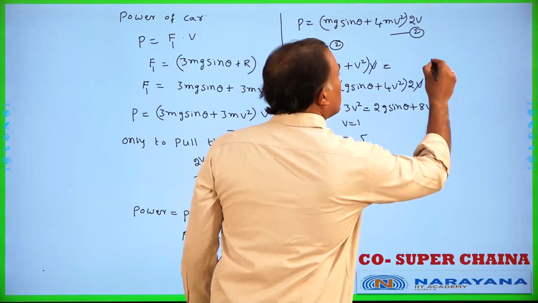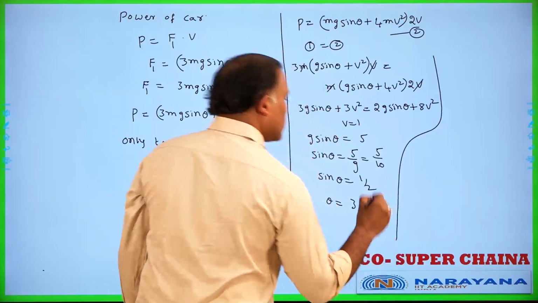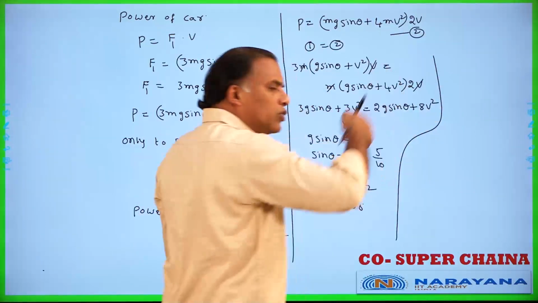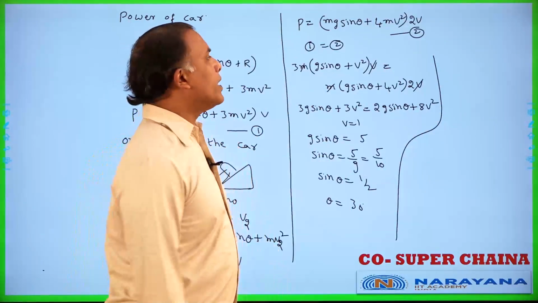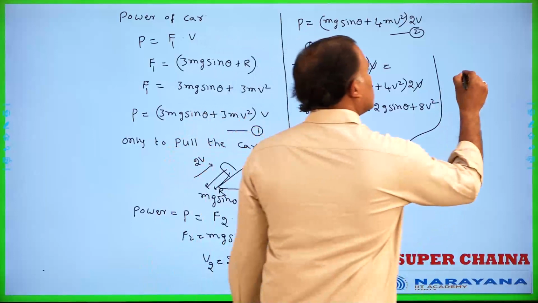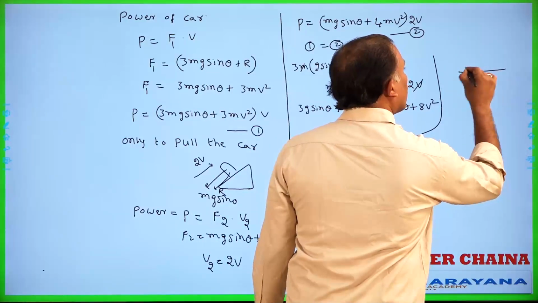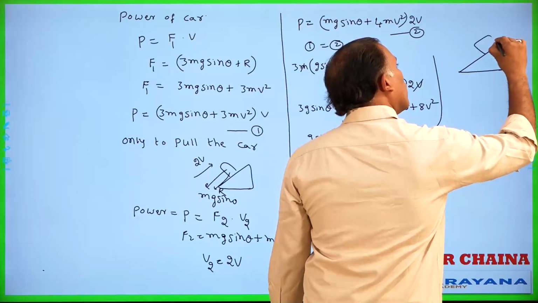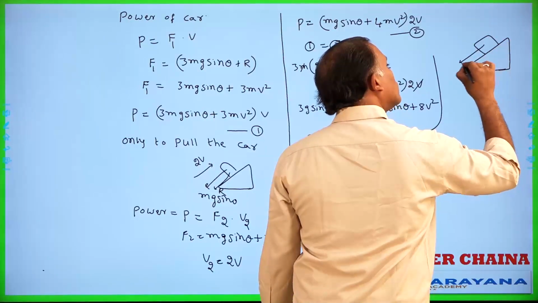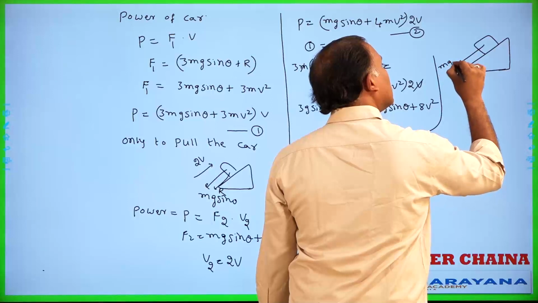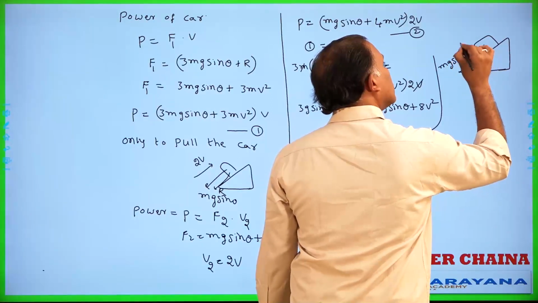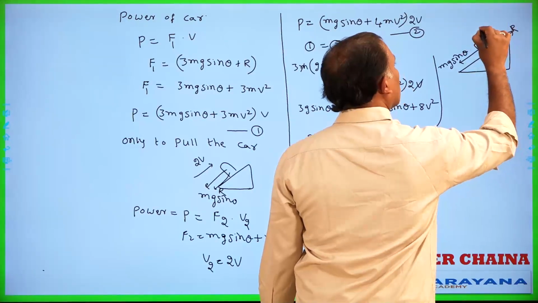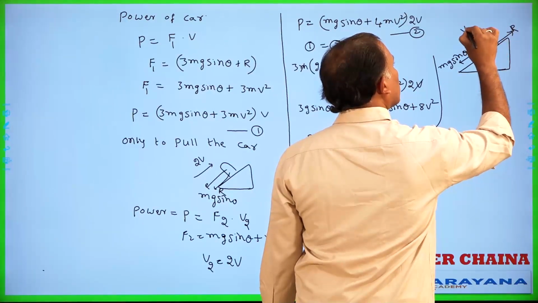Now what he is telling you in this question is that the same truck is coming downward, then what will be the maximum velocity he is asking you. So see here, when it is coming downward, let me show you. When it is coming downward, the downward force is mg sine theta and the resistance force is R, opposition, and it is coming downward with velocity v1.